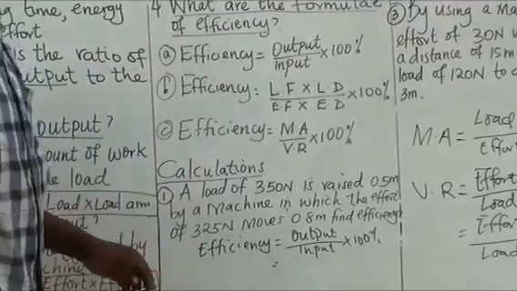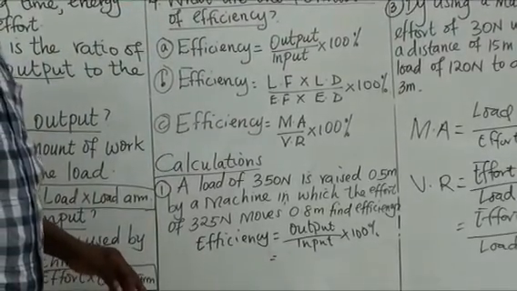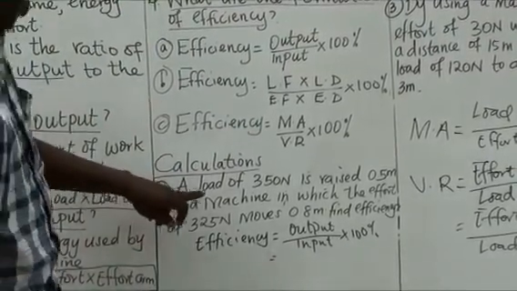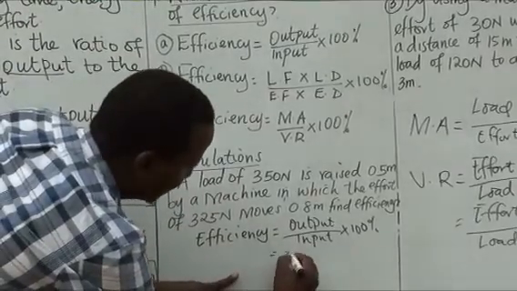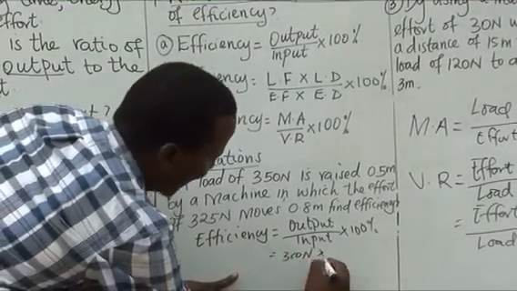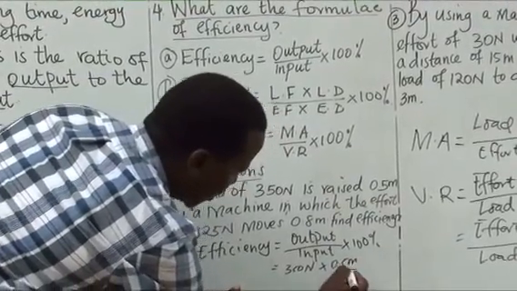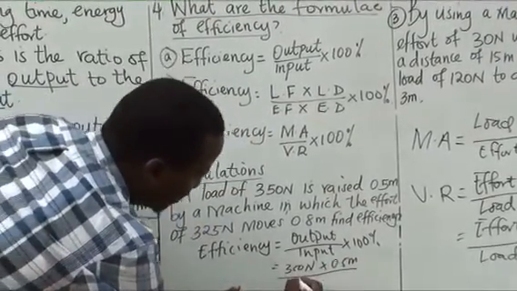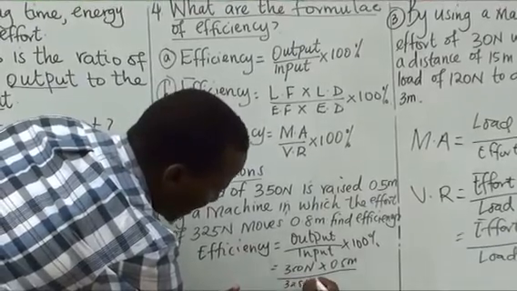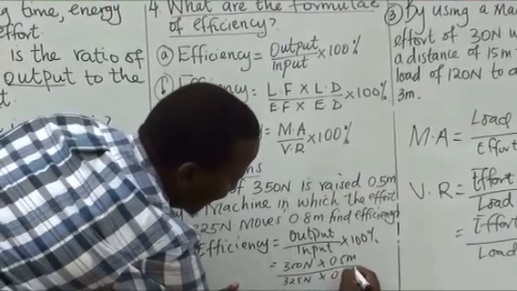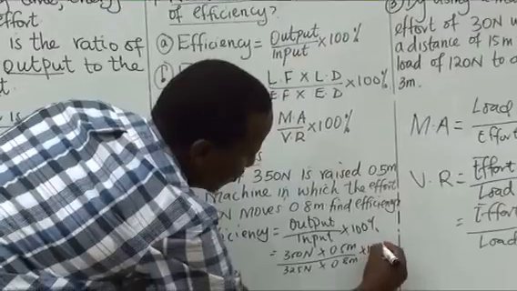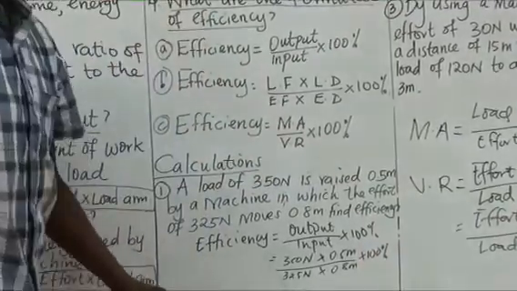Now, the output is the load force times the load distance. A load of 350 Newton, that is our load force, 350 Newtons times the load distance, 0.5 meters, over 325 Newtons times 0.8 meters, then times 100%.